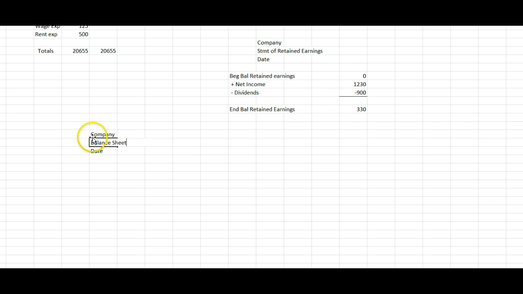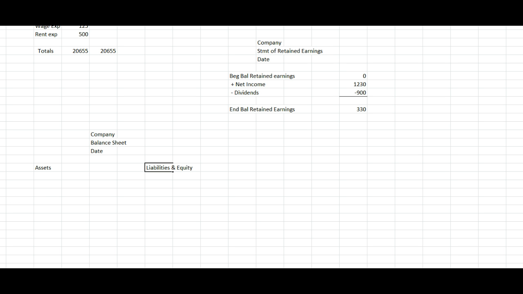Our balance sheet is as of a point in time, so a particular day. And that's actually got a couple of sections. It's got the full accounting equation. So I'm going to put assets on one side and liabilities and owner's equity on the other side.